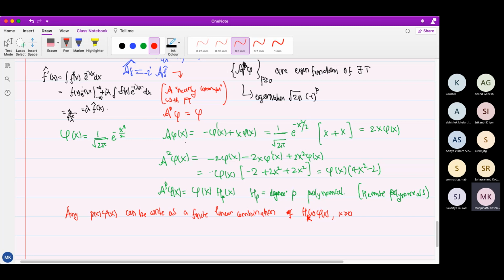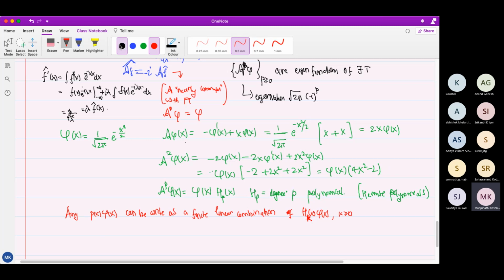First you take the largest power and use the corresponding Hermite polynomial to cancel that off. Then you get a lower degree polynomial, and so on. It is easy to see that. Therefore these are in the span of these things.